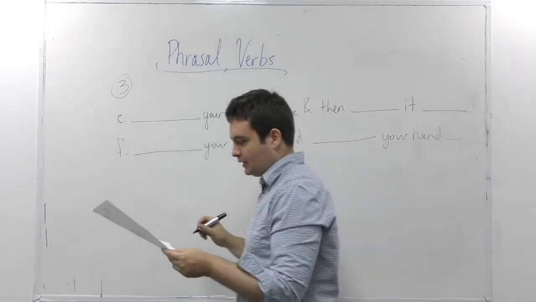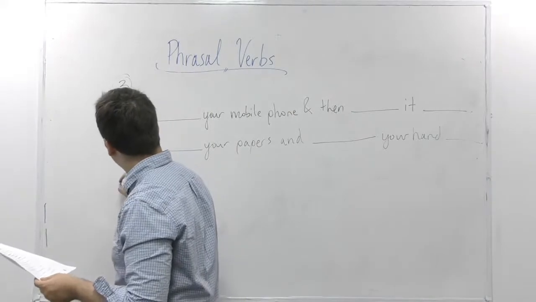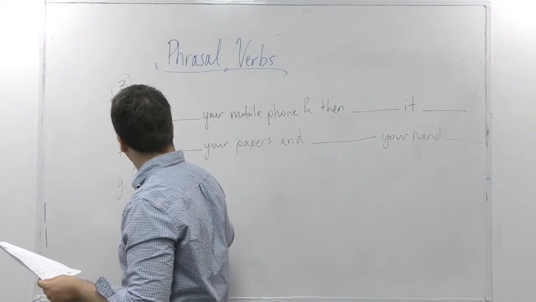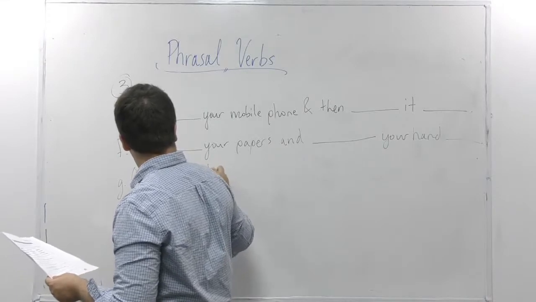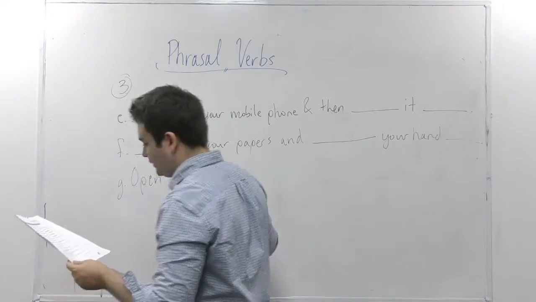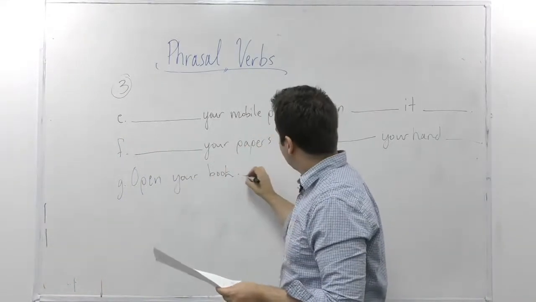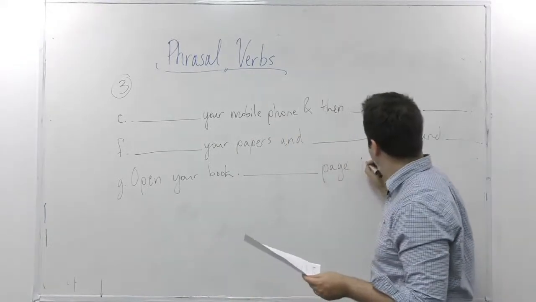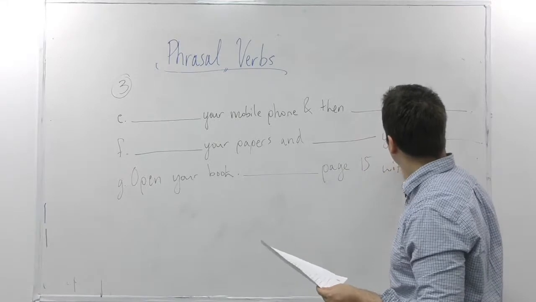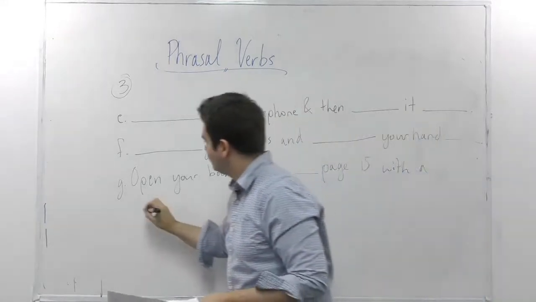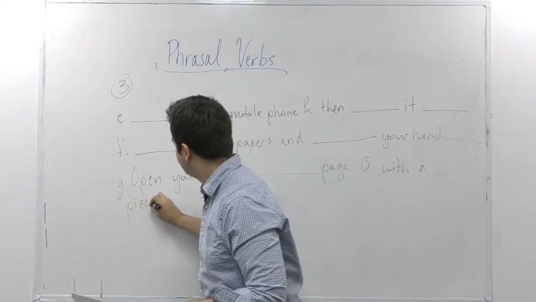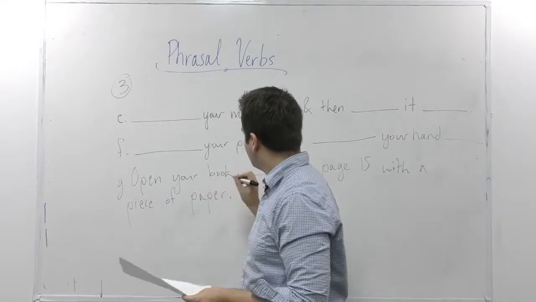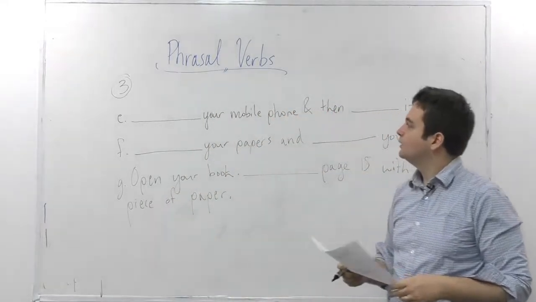And let's just write down G as well. E, F, G. Open your book, blank page 15 with a piece of paper.